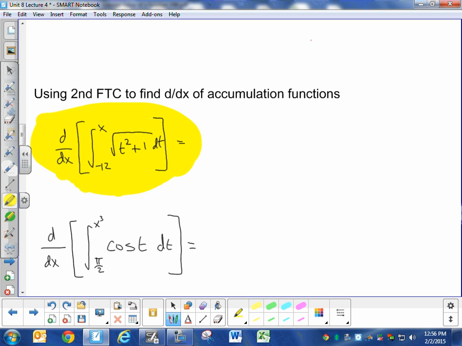We really can't find that antiderivative, so I can't go through all the steps that I did with the cosine function. But if I wanted to find out what this is, I'd have to take the antiderivative, plug in x, and then take the derivative of that antiderivative. What do I get? Whatever I started with, just with an x.